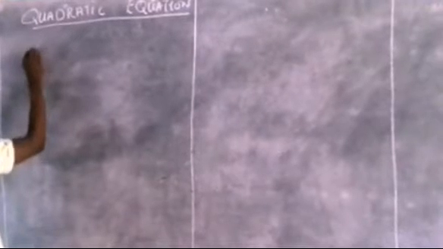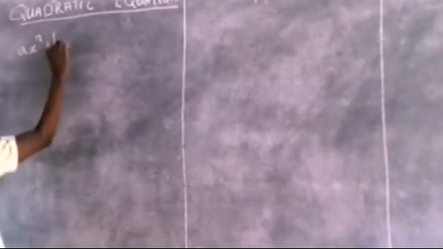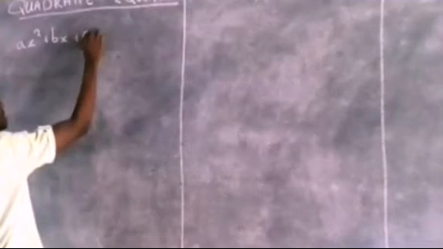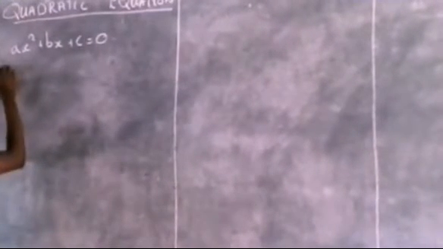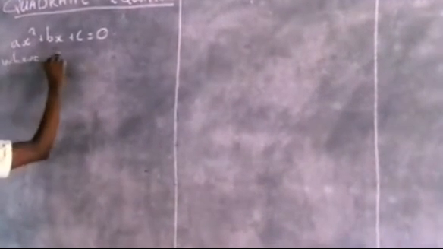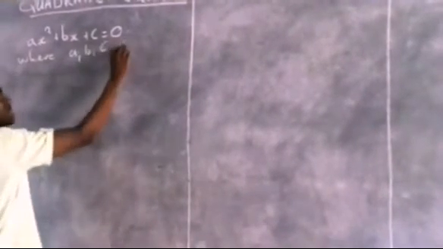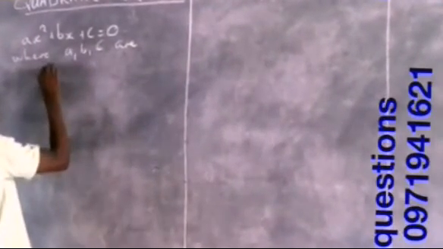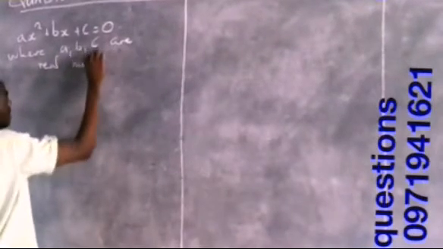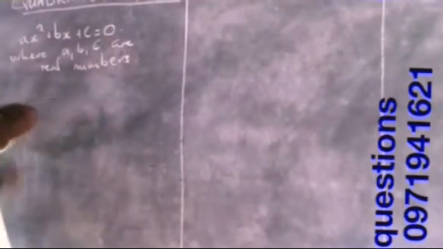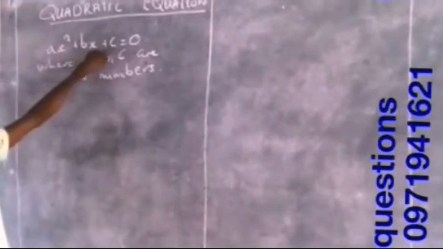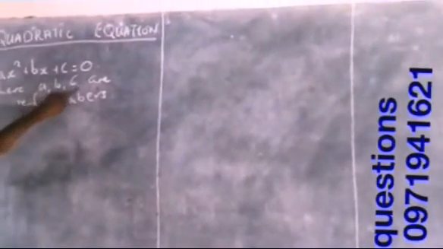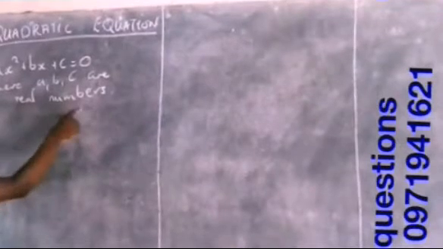As you can see, a quadratic equation is an equation expressed in the form ax squared plus bx plus c is equal to 0, where a, b, and c are real numbers.